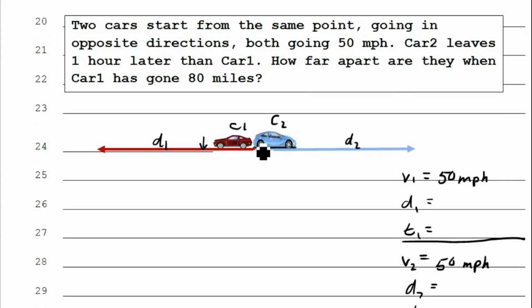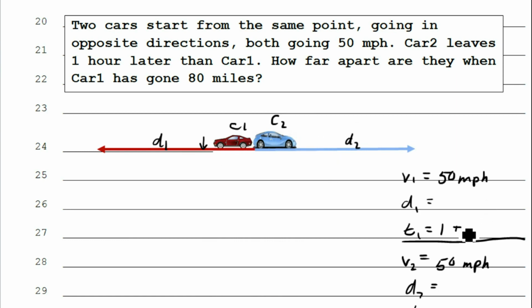Again, both cars are sitting motionless, and car 1 starts and goes 1 hour. At that point, you can write 1 hour for T1. And at that point, car 2 starts. So both cars are in motion, and the rest of the time for car 1 is the same time that car 2 goes.